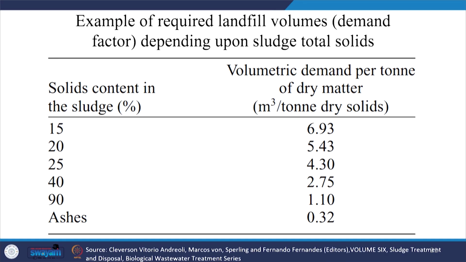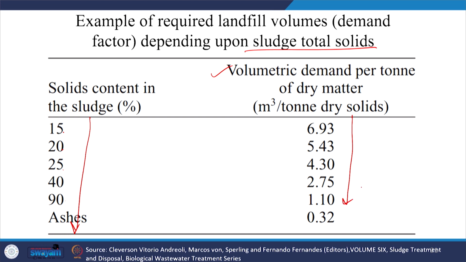The examples of required landfill volumes with respect to demand factor, depending upon the sludge total solids, are as follows. As solid concentration increases from 15, 20, 25, 40, to 90%, the volumetric demand per ton is decreasing, you can see.